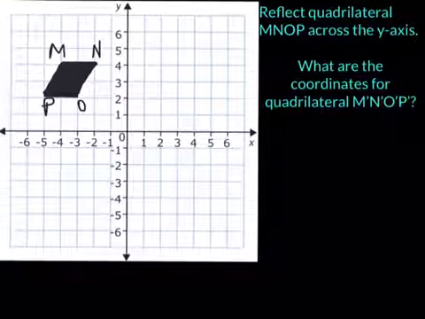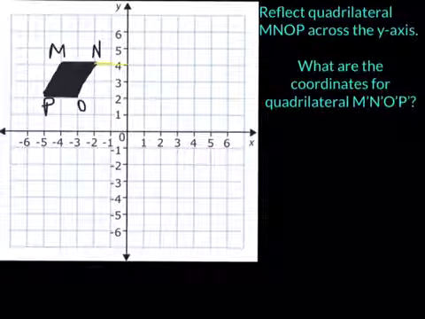So, now, here's the trick with this, okay? It's a reflection. So that means it's going to be exactly the same thing, only flipped over, all right? So, here's the trick. What I do from N is I'm going to see how far N is from Y. Okay, so N is 1, 2 spaces from Y. So what I do to one side, I have to do to the other.